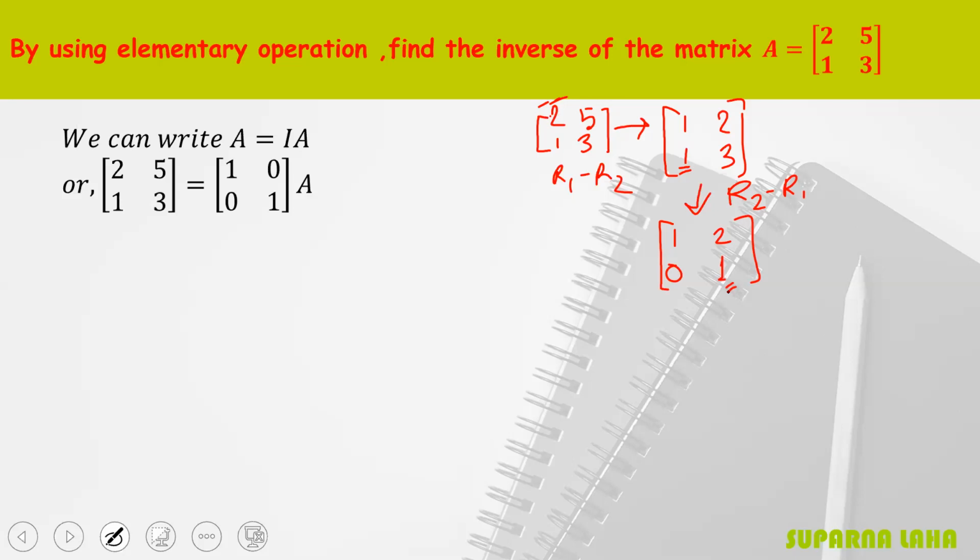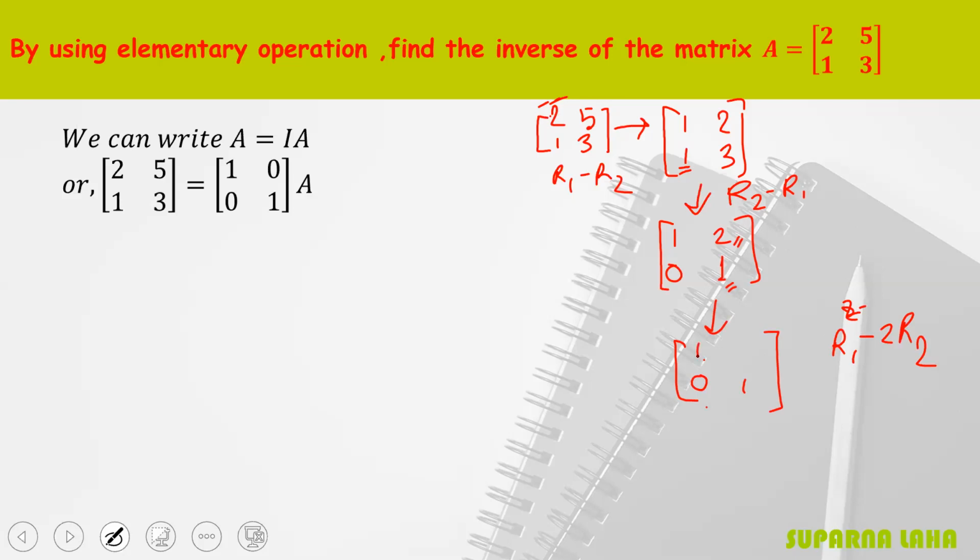So we don't need to make it 1, we already got it. So now the next work is to make this element 2 into 0. Then how could we make it 0? The second row will remain the same, and I can write R1 minus 2R2.